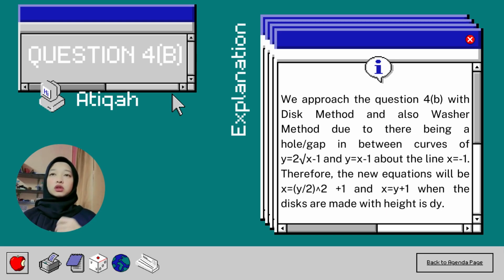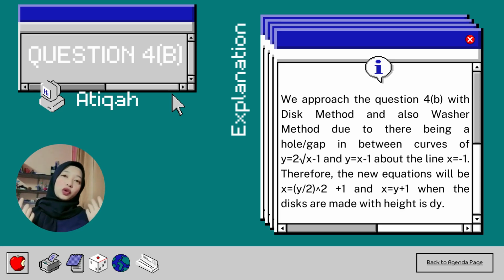Today I would like to talk about the explanation of the method we use in this question. We approach question 4B with the disc method and also the washer method, due to there being a hole or gap in between the curve x equals 2 square root x minus 1 and y equals x minus 1, about the line x equals negative 1.